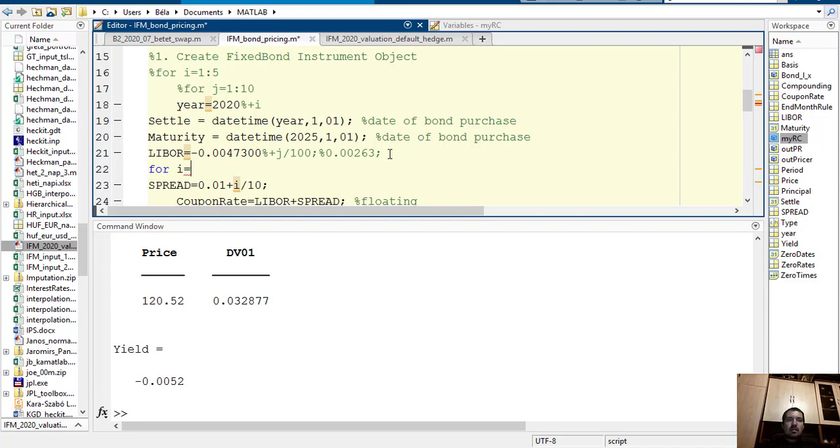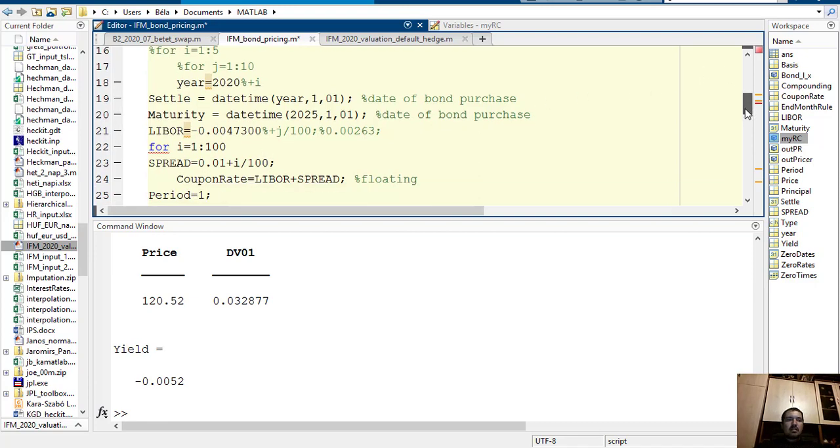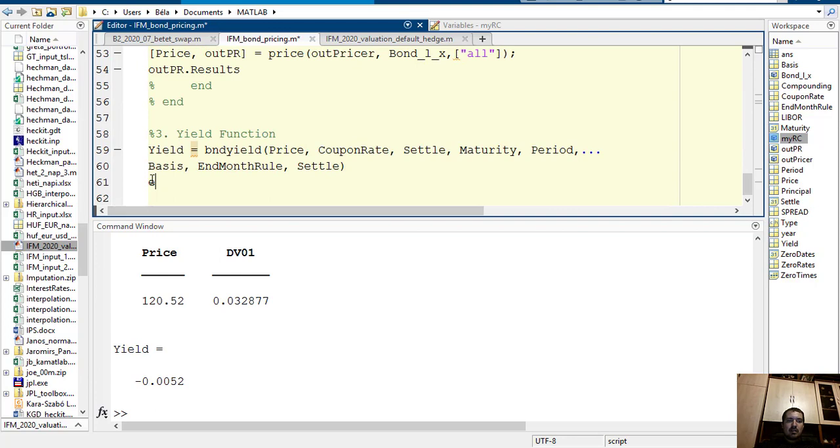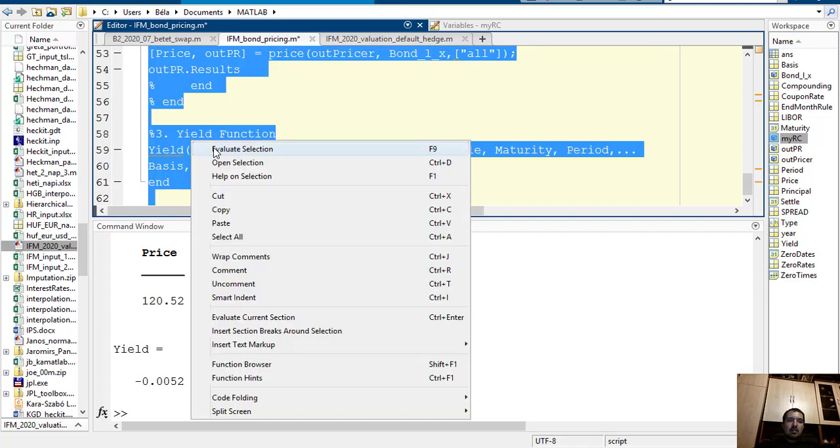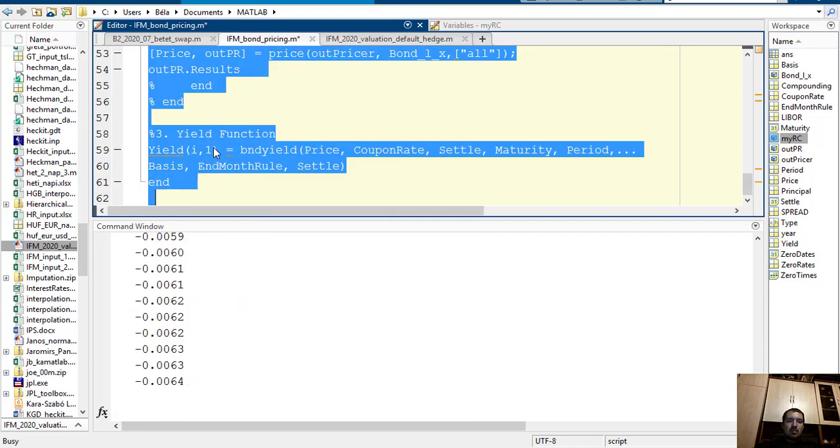So let's say we are increasing by 1% with each step. Okay, maybe.